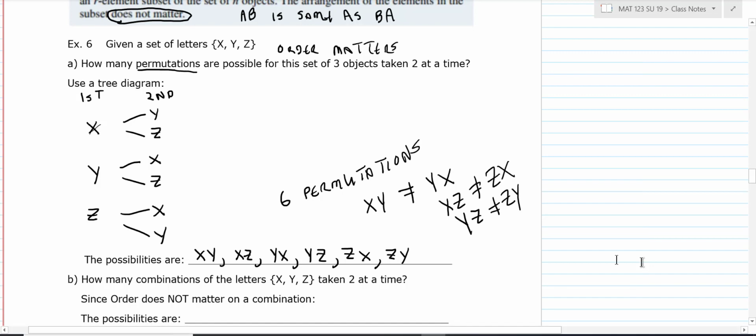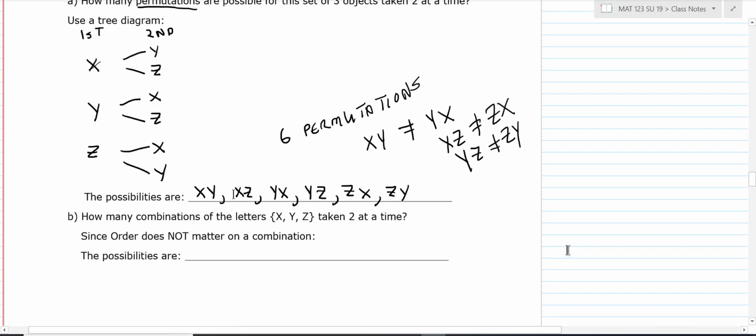So it's totally different if it's a combination. If it's a combination, then we would consider this one. We're not going to count that because we've already got an XY. XZ, well, we're not going to use that. YZ, we're not going to use that. So we'd have 3 things left over. If we're doing a combination, order does not matter.